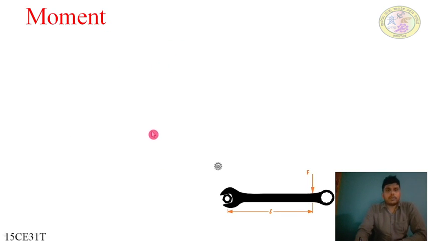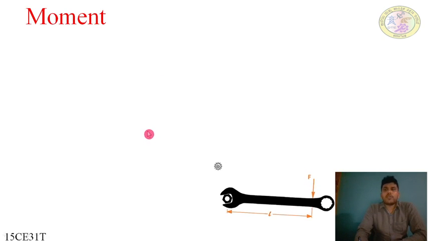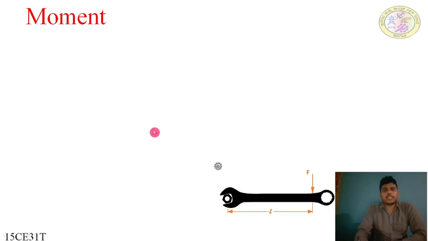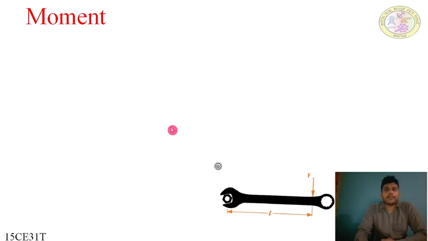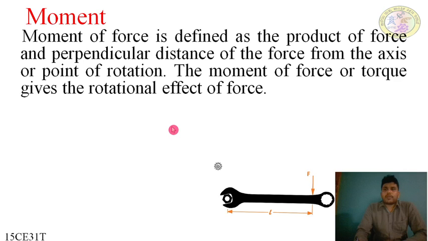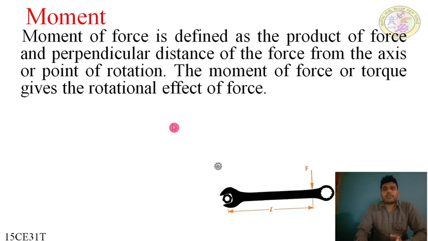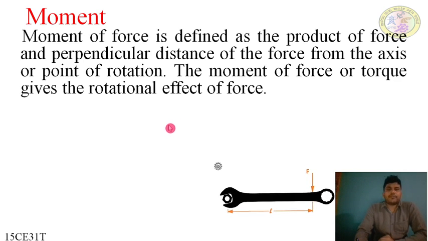Moment is a product of force and perpendicular distance. It produces a rotational effect on the body. Moment is a product of force and the perpendicular distance of the force from the axis or point of rotation, where the moment of the force or a torque gives a rotational effect on the body.